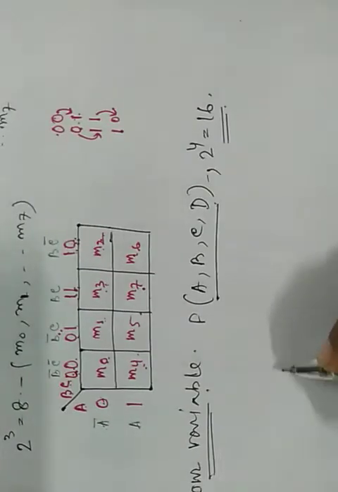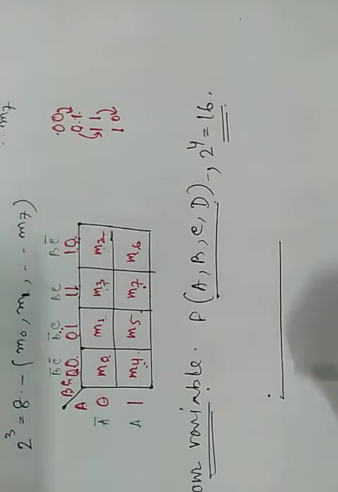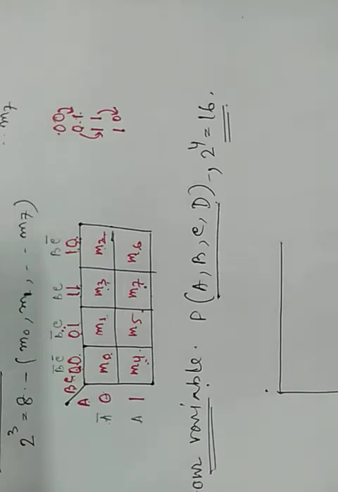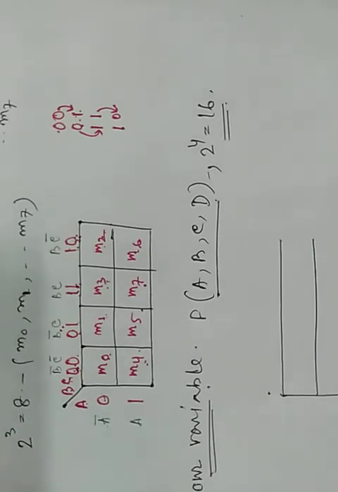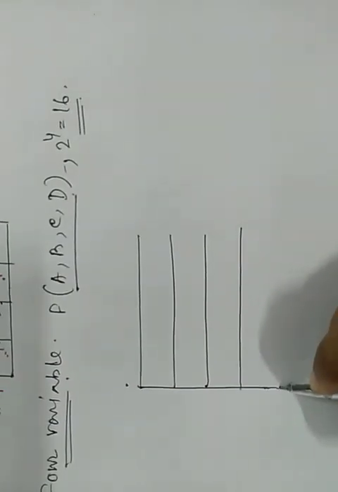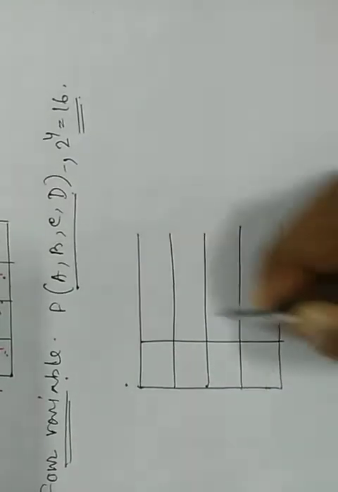So our Karnaugh map table should be like this: 4 rows and 4 columns.